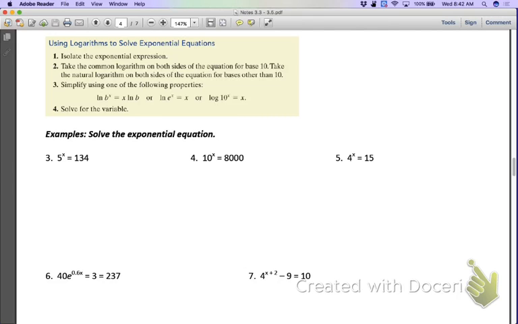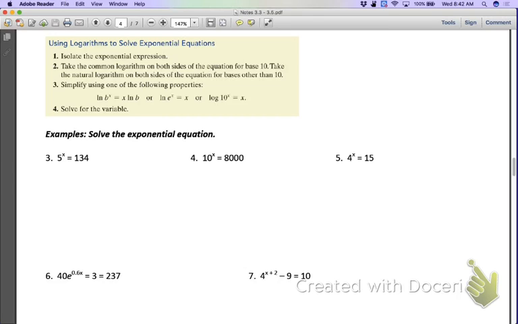So if you have two numbers that have absolutely no relationship with one another, you're going to need to use a log, or excuse me, a natural log. It's completely up to you what you do.